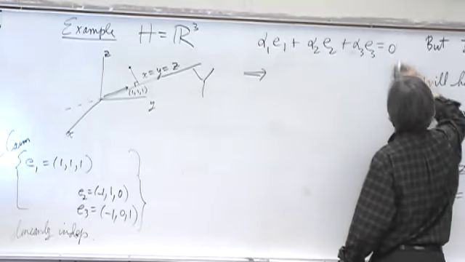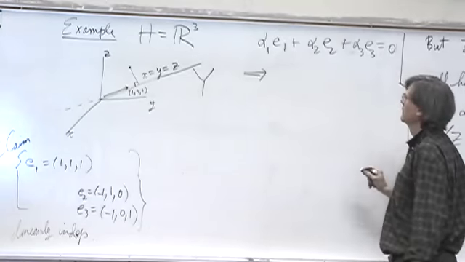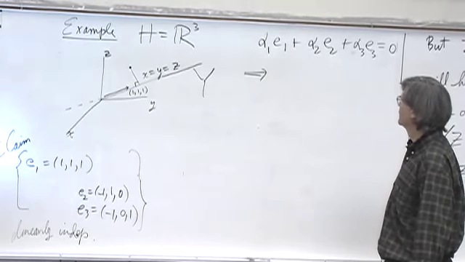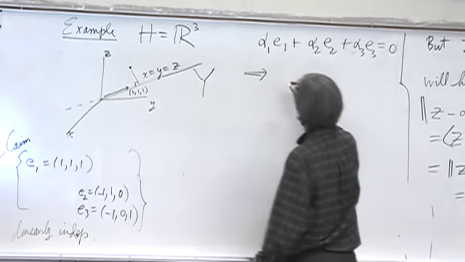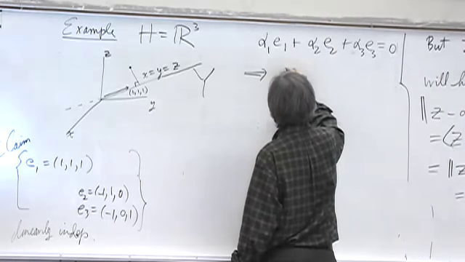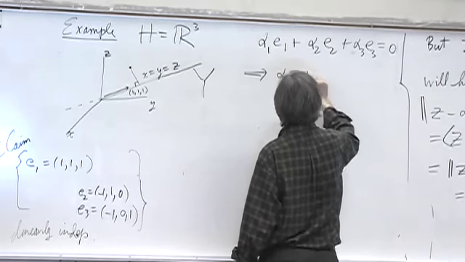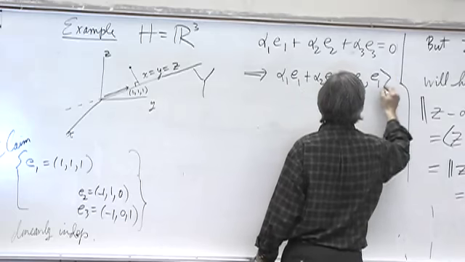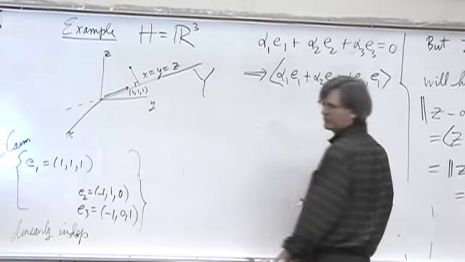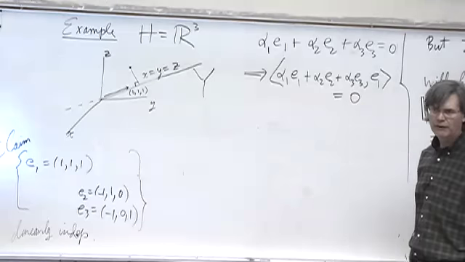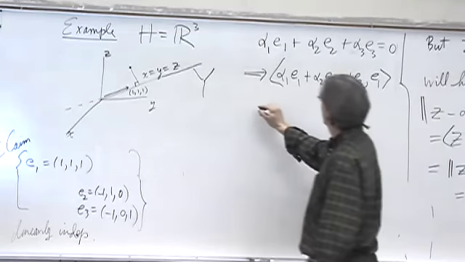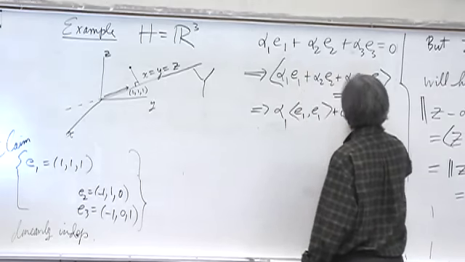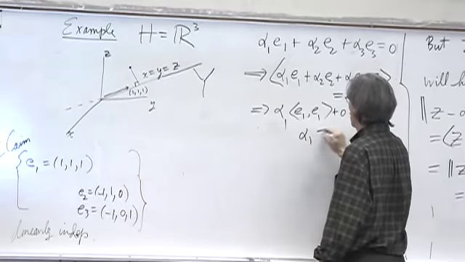Now I'm going to take the inner product of both sides with E1. E2 and E3 by definition are perpendicular to E1. So that implies alpha 1 E1 inner product E1 plus 0 equals 0, so alpha 1 is equal to 0.